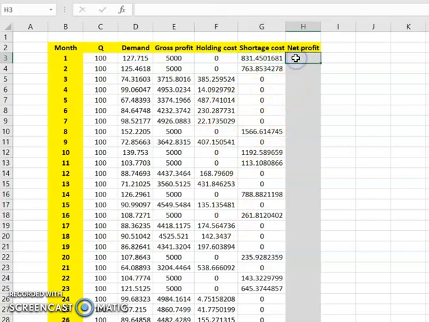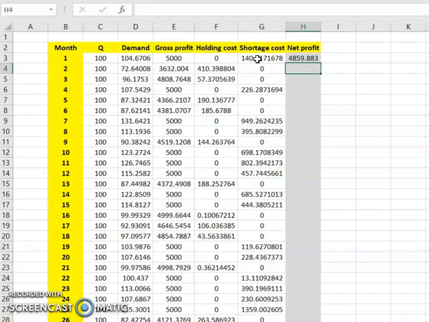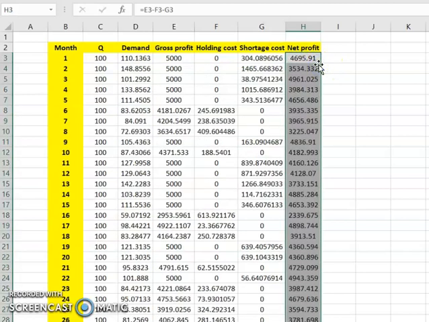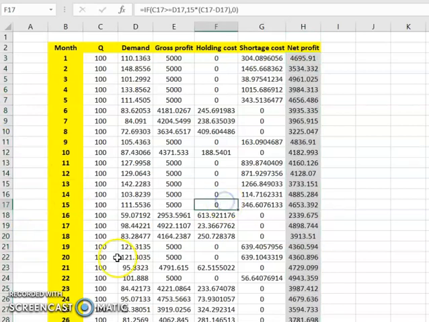And finally, we come up with the net profit. Net profit would be gross profit minus holding cost minus shortage cost. And that's it. Now we are going to populate it to get 1000 simulations for 1000 months for net profit.